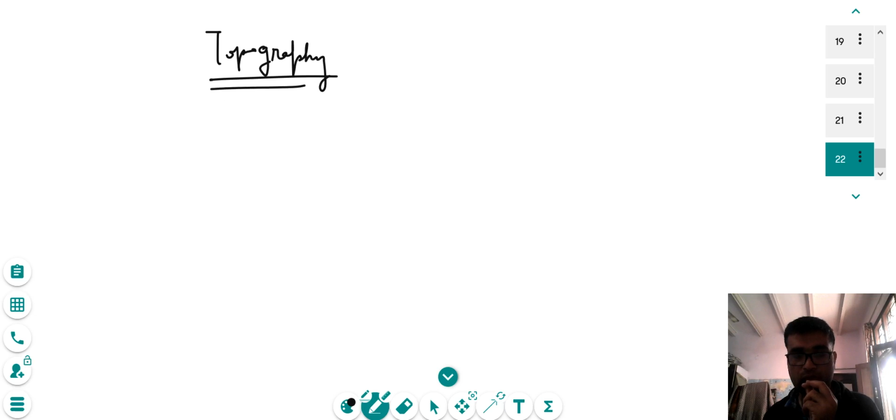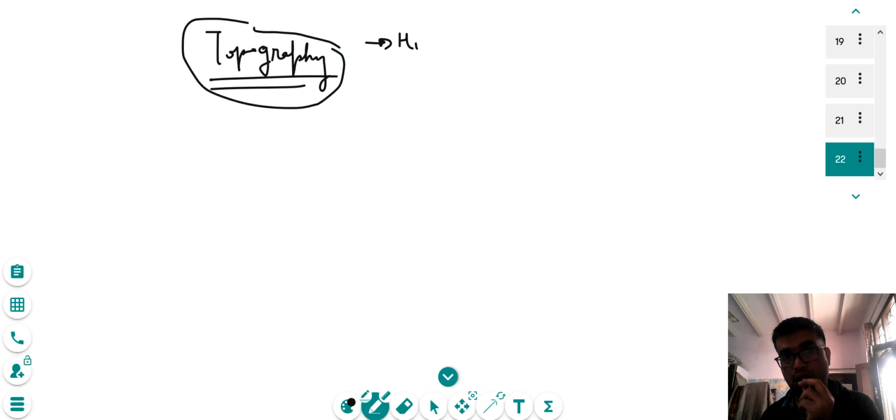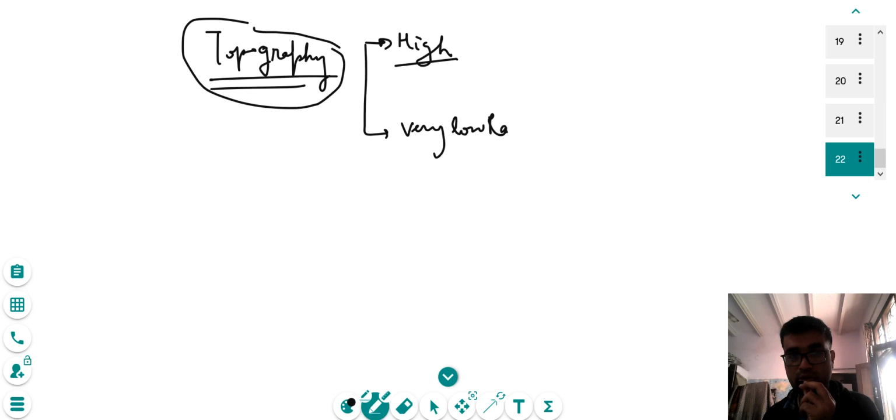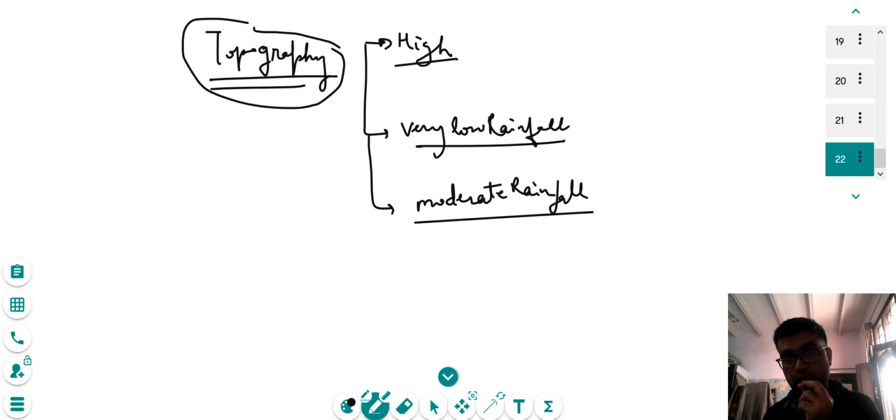We divide the rainfall pattern in India into three types: the high rainfall receiving areas, very low rainfall receiving areas, and moderate rainfall receiving areas. In high rainfall receiving areas we classify further into three zones.